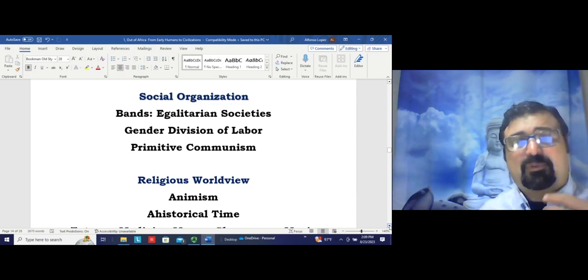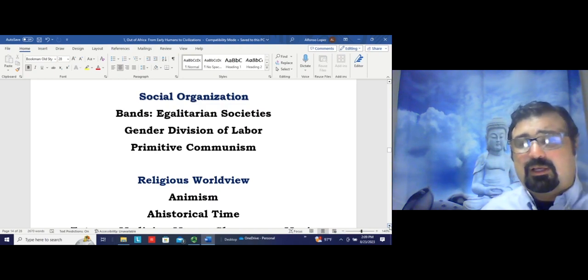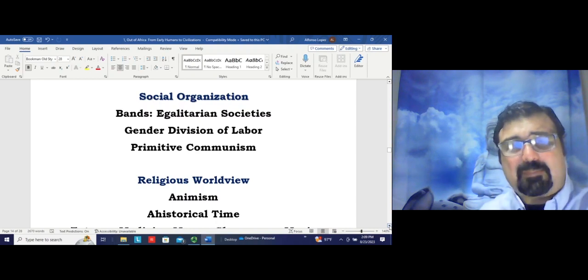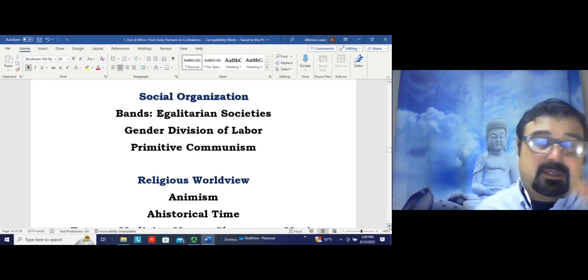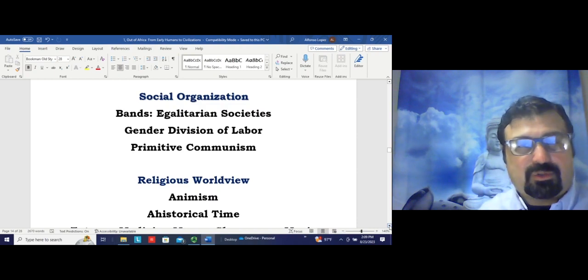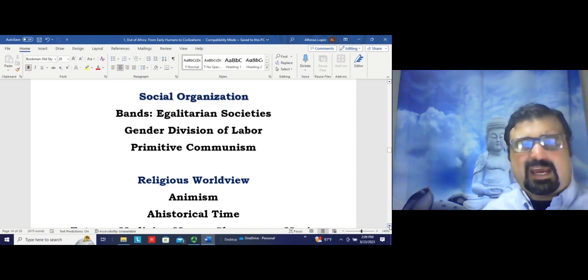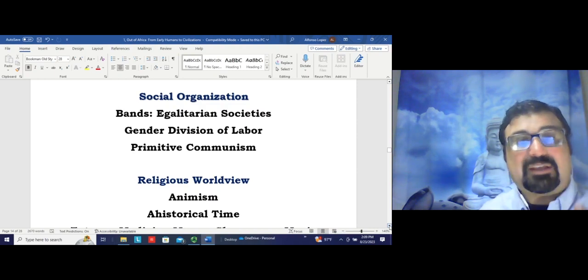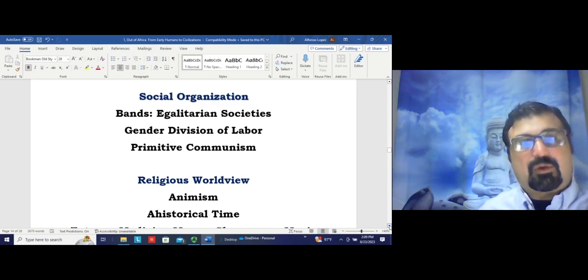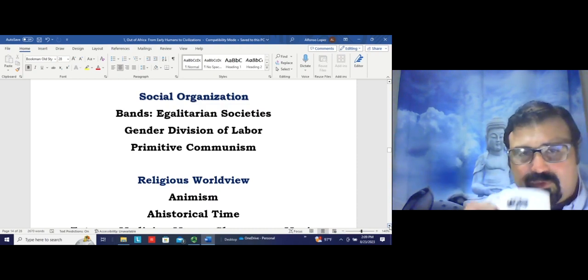Now, of course, from time to time, there will be people from other bands that will join a band different from their own. That often happened, and they were adopted and suddenly merged into this new group, if you will. So again, it was not strictly an extended family per se, but the basis of that society was that, at the very core, it was a family, if you will, and other people will join in later on.